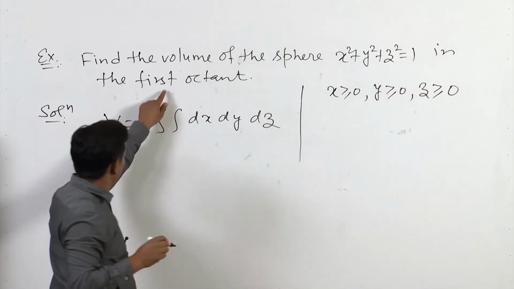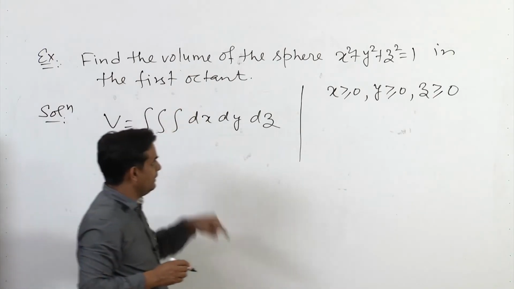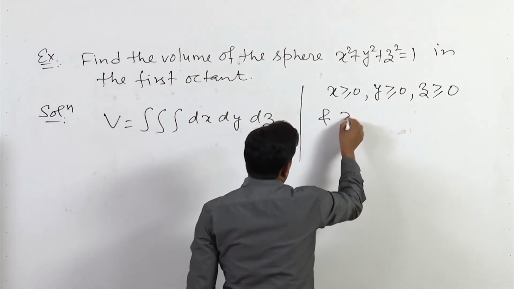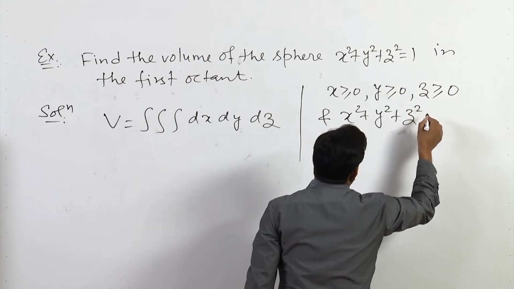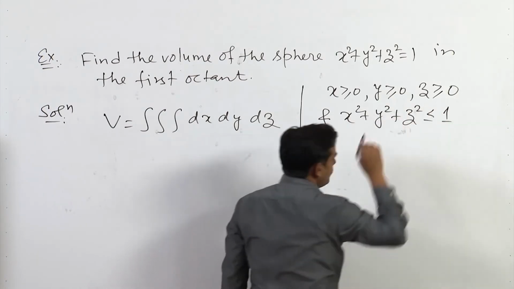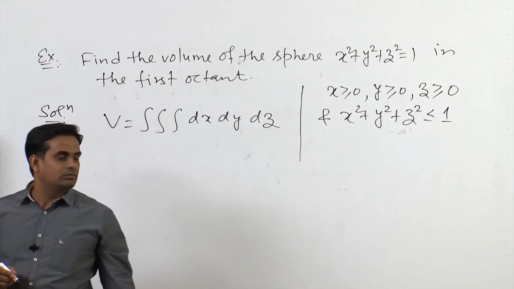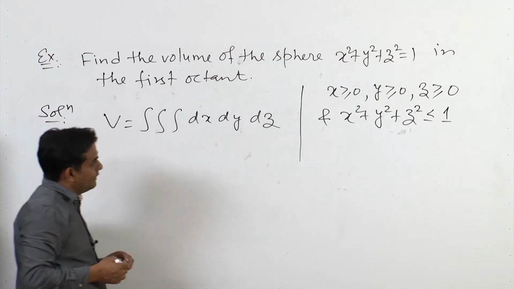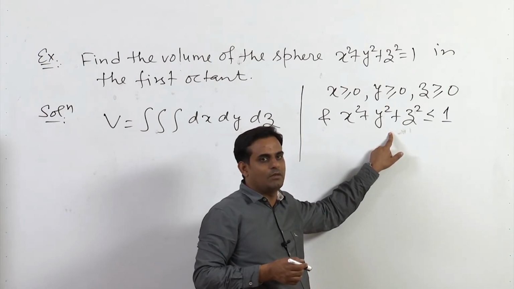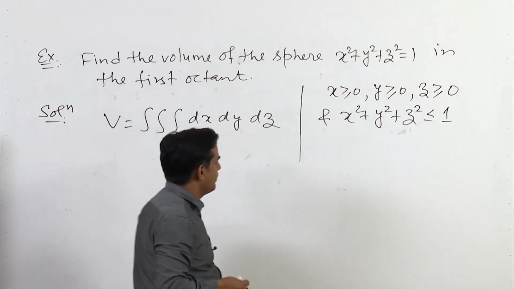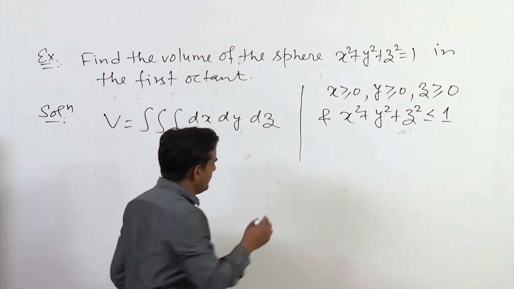All these are coming due to the condition first octant, and x square plus y square plus z square is less than or equal to 1. Now, it is not in the form that we need in the Dirichlet integral formula. So, we need to make some substitution.